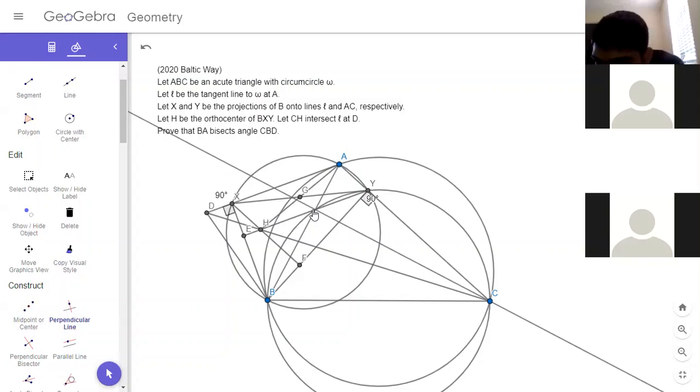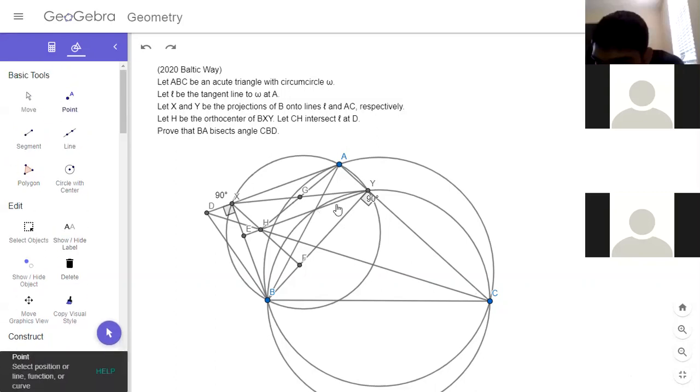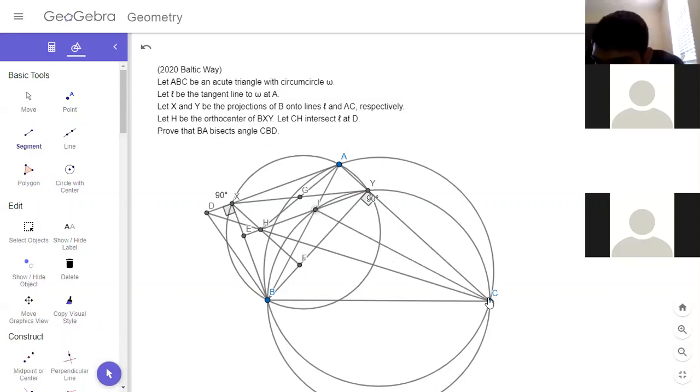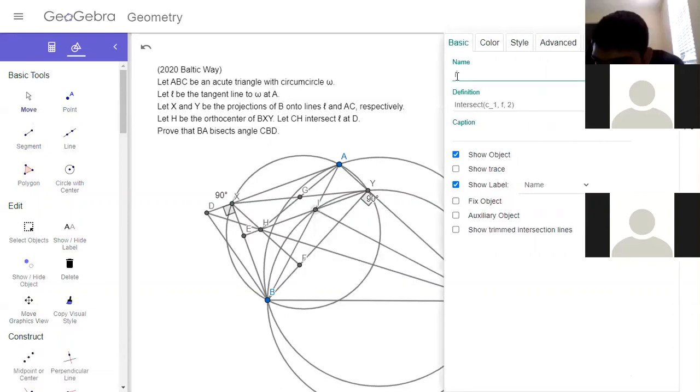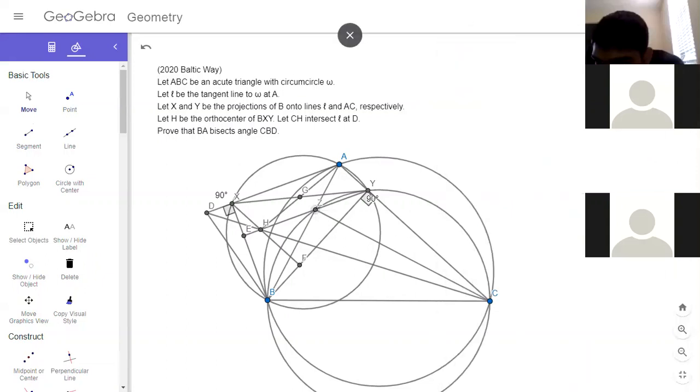Also, YZ is parallel to L, by that well-known property. Okay, so basically, this point right here is the foot from C to AB. Yes. Okay, I could call that Z. All right.